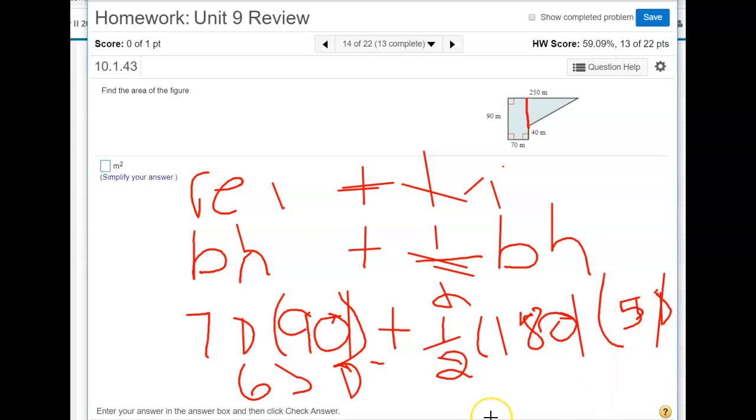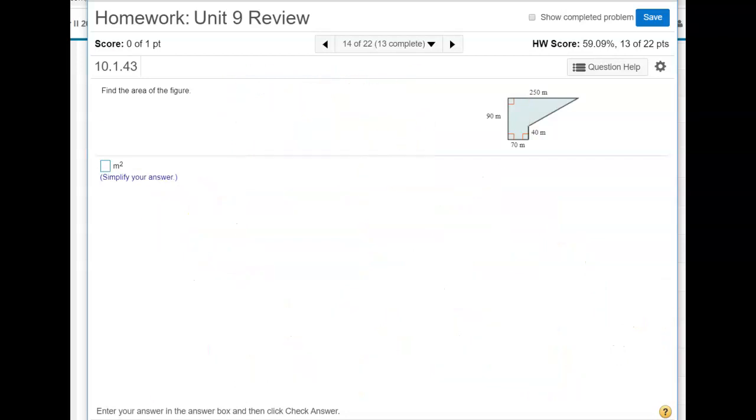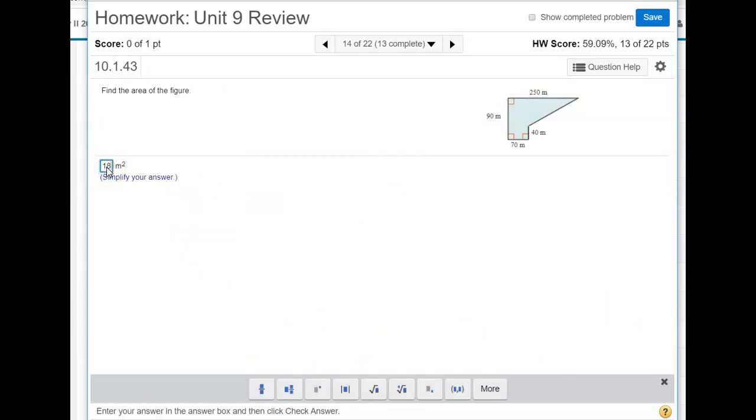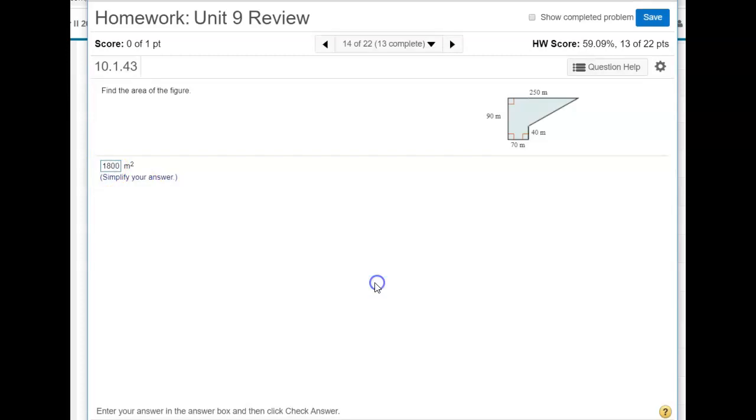And I get 4,500. And again, not doing a very good job drawing on the screen. Anyway, eventually I add those together. I'm coming up with 1,800. Oh, I lost a 0 in there. Let's try 10,800.